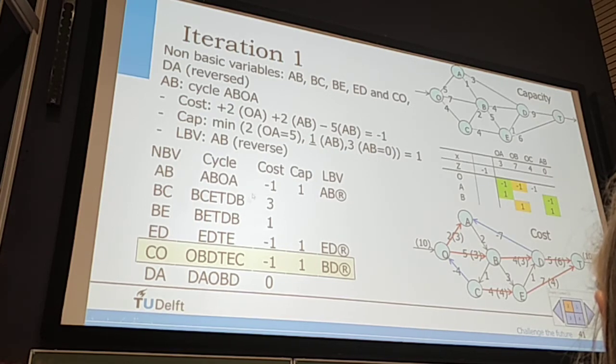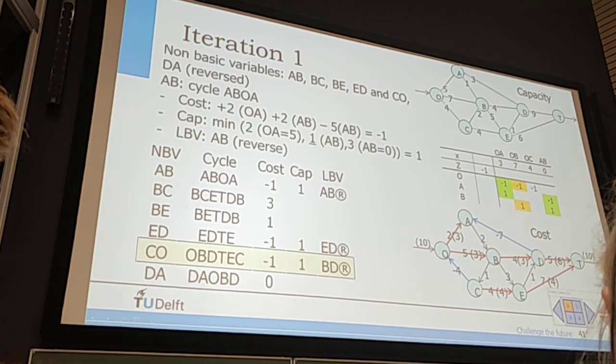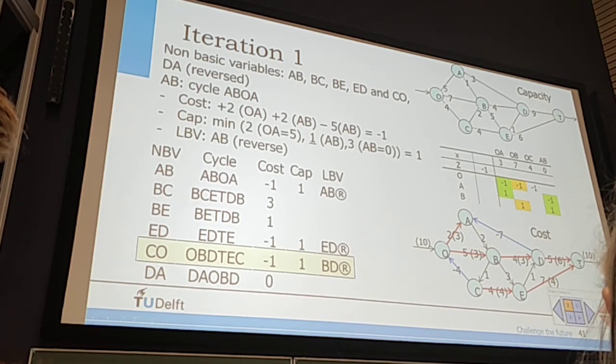So we get an increase in cost of 3, right? We would reduce the flow over this, a total reduced cost of 9. We increase the flow over here, which is an increase in cost of 12. So net we would increase the cost by 3 by moving it over that cycle.